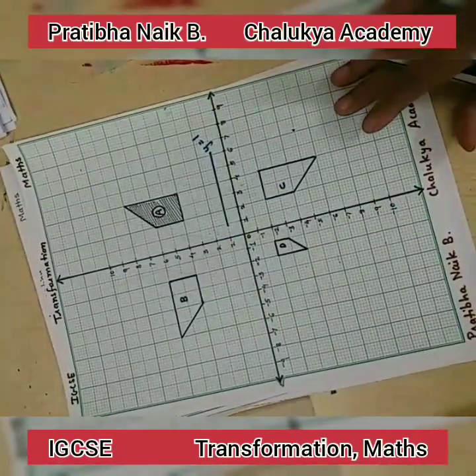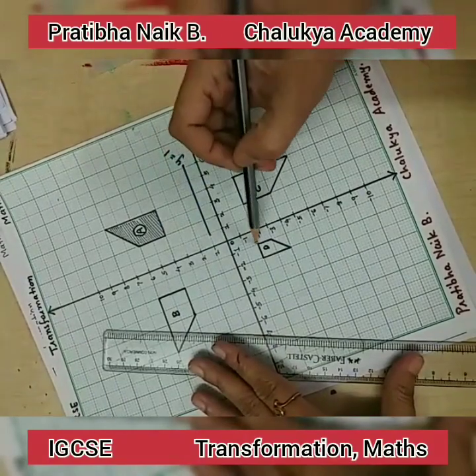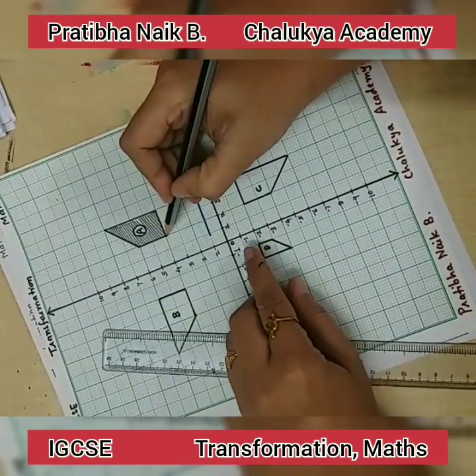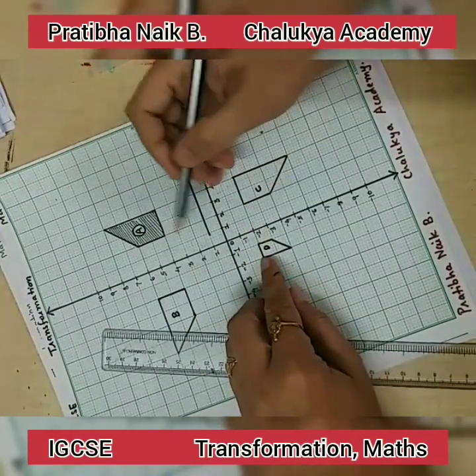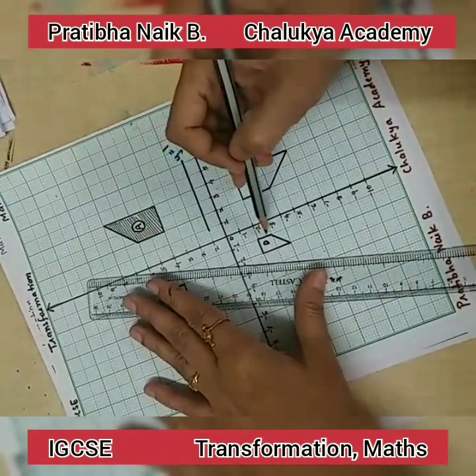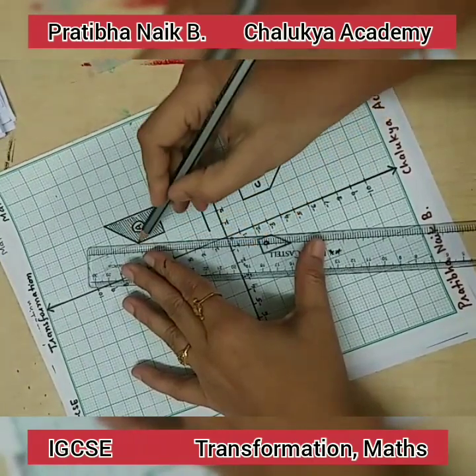Now to identify the enlargement, what you need to do, you have to join the corresponding points. Now you can see these 2 points are corresponding to each other. Now D and D you can see here. These are corresponding, so I am just drawing the line.